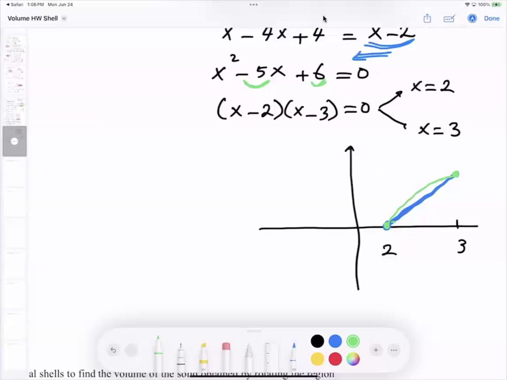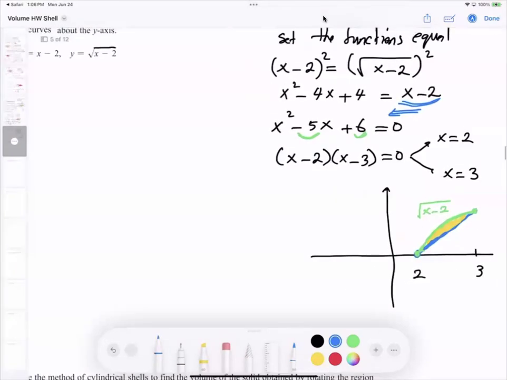Just a little bit further on top. This is a very small region bounded between these two functions, and this guy is square root of x minus 2. So here we go. We are taking this object, and this guy is x minus 2 down here.